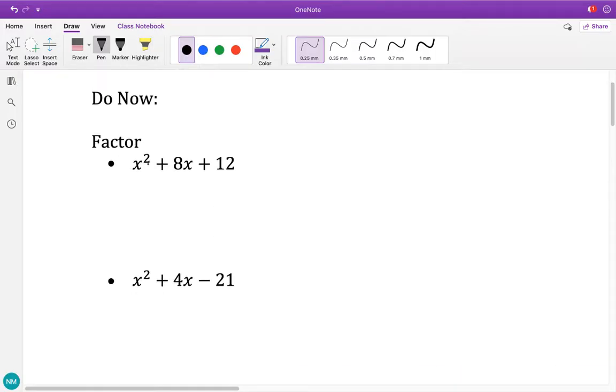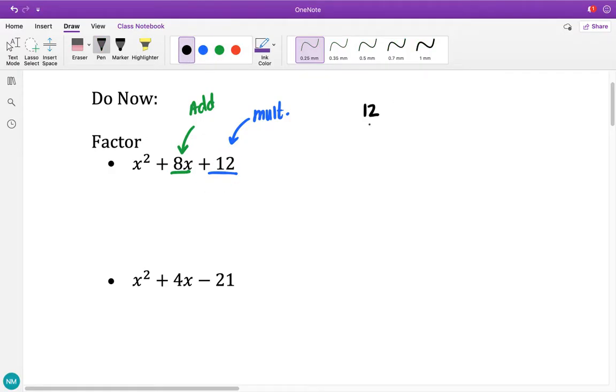So, when we reverse FOIL, we are going to find what multiplies to this number and adds to this number. So the question is, what two numbers add to 8 but multiply to 12?